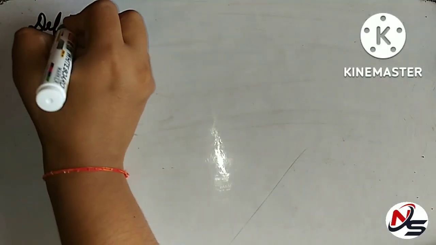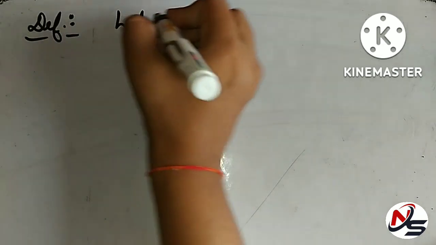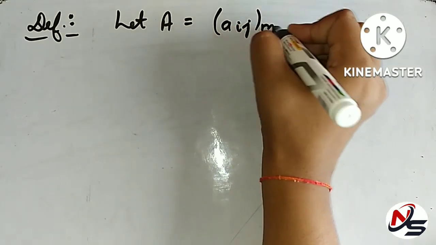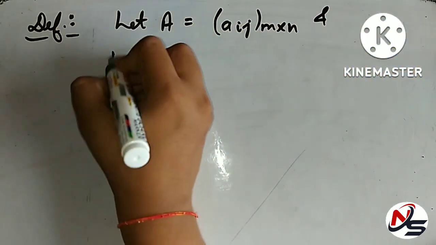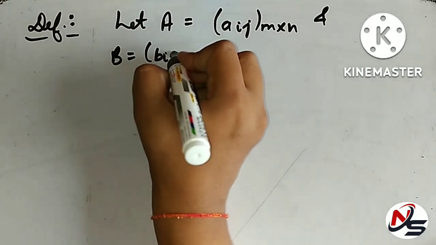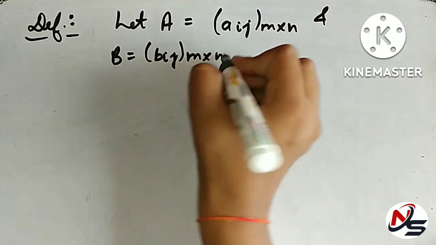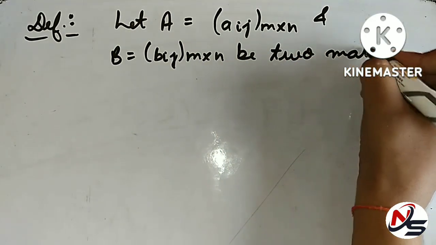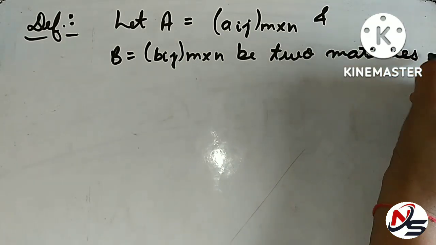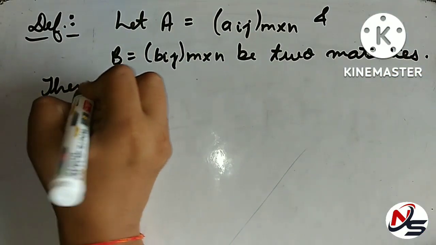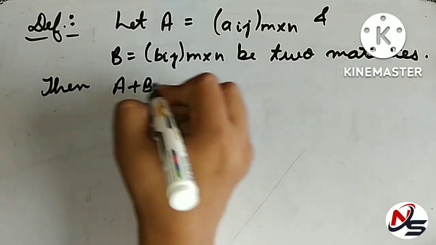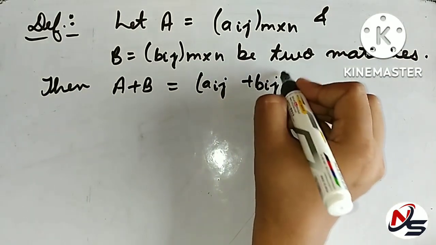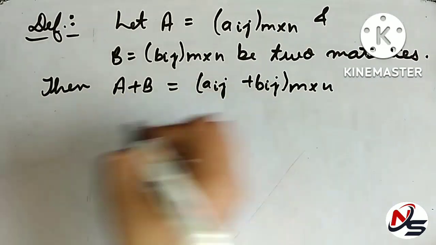Notation: let A equal to (Aij) m cross n and B equal to (Bij) m cross n be two matrices, then A plus B equal to (Aij plus Bij) m cross n.